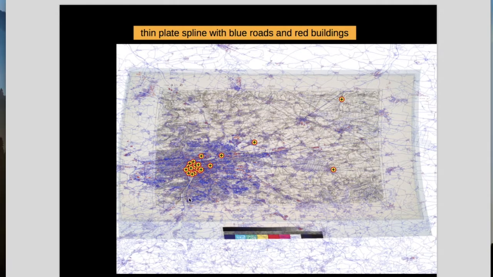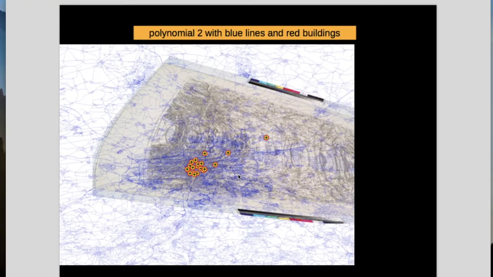This is using OpenStreetMap vector map for my georeferencing base map. And they have very accurate roads and very accurate building footprints, which are super useful if you're going to do any kind of urban features on the map. However, if you tried once again to use the polynomial 2, although it worked kind of well within the city itself, it just introduced all kinds of weird distortions the further you went out.